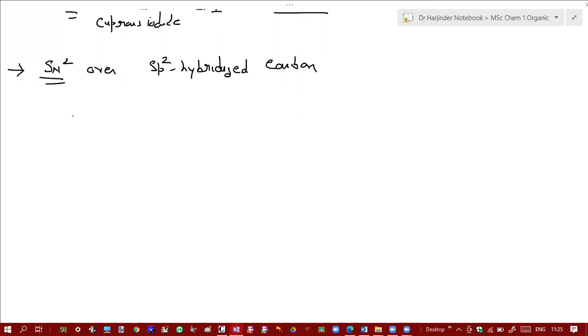Suppose you have phenyl iodide, this one, iodobenzene.